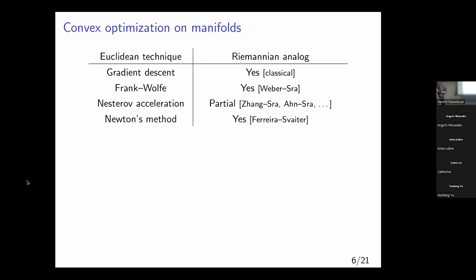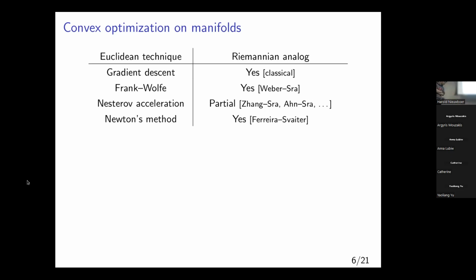You can also do constrained convex optimization using projection methods like Frank-Wolfe, which is a slightly more advanced first order method. You can ask, is there an analog of something advanced like Nesterov acceleration? It is very nice in the Euclidean setting because it reduces the time complexity you need to find minimizers.